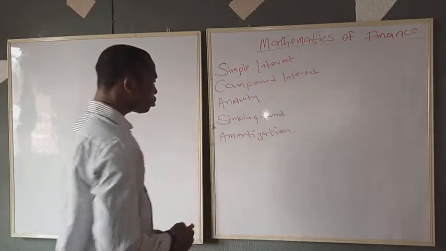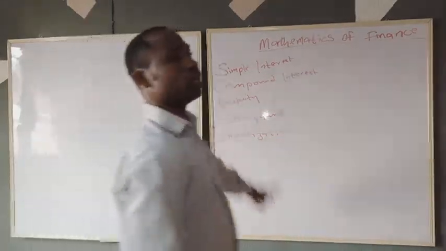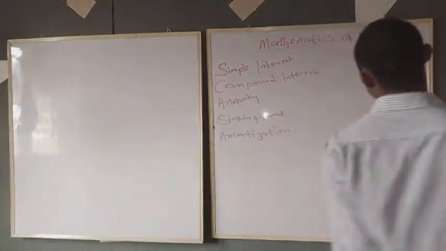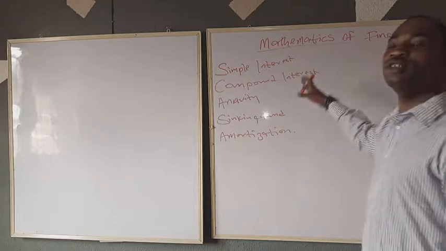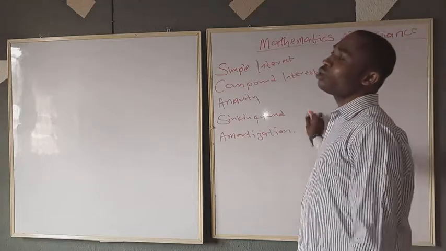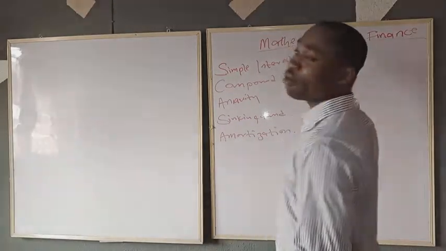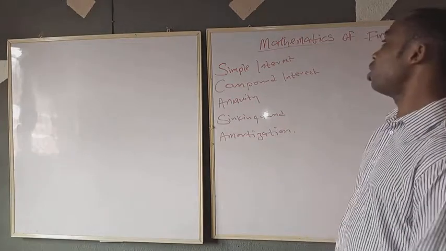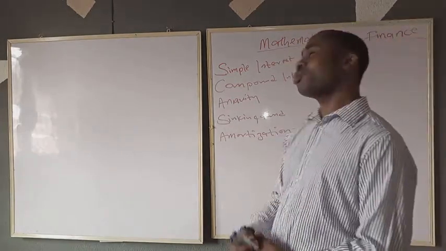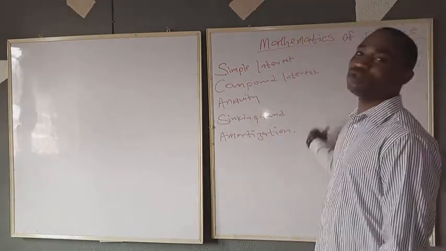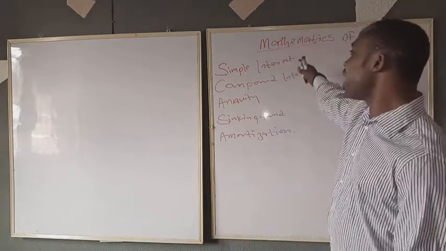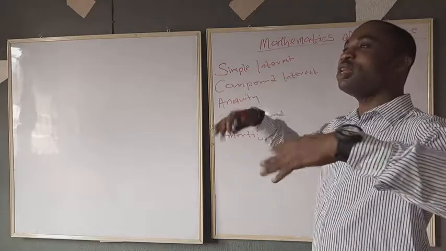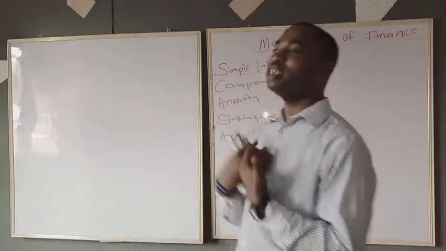So all these fall under mathematics of finance. I'm going to be taking them one by one and explaining how we can go about it whenever we meet them in the exam, without making the mistake of taking one for another. And apart from exams, all these are needed not only by organizations, but even by individuals.